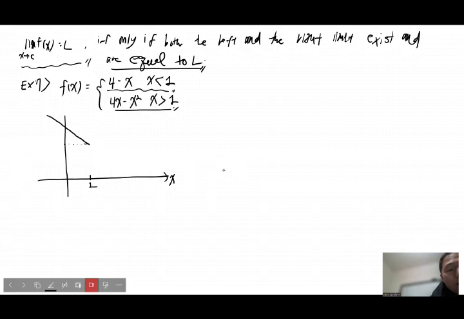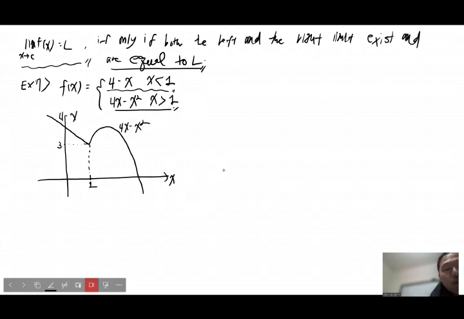So the value of f(x) at x equals 1 is 3. And in the range x larger than 1, the function f(x) is a parabolic curve like this. This one is 4 minus x, this one is 4x minus x squared.